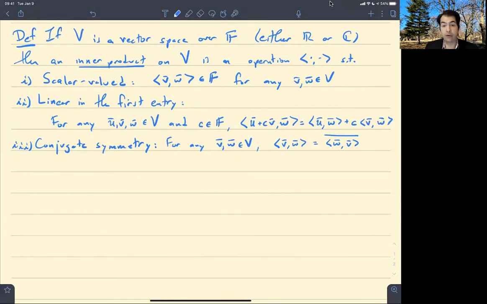So the order matters. If you change the order, you get the complex conjugate. Now, of course, if you're working with the real numbers, a real number is equal to its complex conjugate. So this says that for real numbers, the inner product is symmetric. But for complex numbers, it's not.